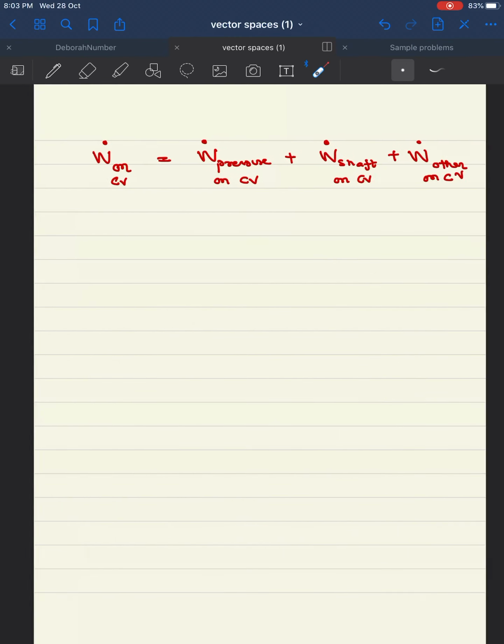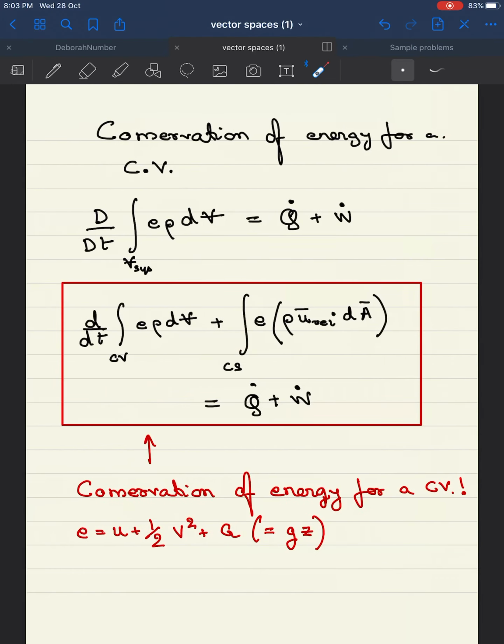Okay. And while we were at it, we had said that this Q dot can happen due to many different causes, right? Heat transfer can occur due to conduction, convection, radiation, and you have to take all of them into account while calculating Q dot. Similarly, the work done can happen in many different ways, and we have to take all of them into account.